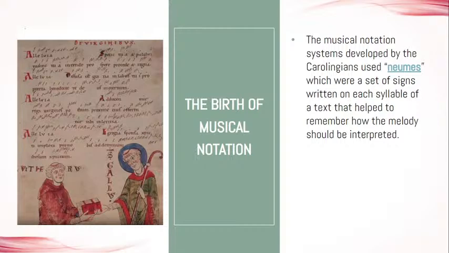So those are called neumes, pneumatic notation. But it didn't say anything about the notes, the specific note in which you would start. So it was just a little help of how the direction of the melody went.